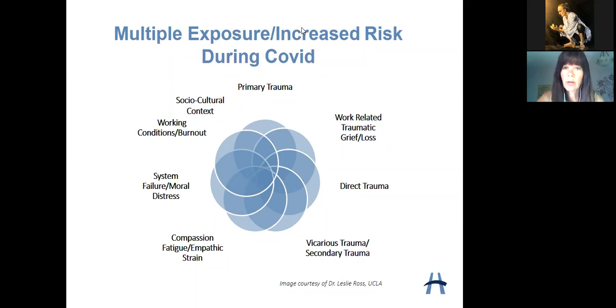So this may be trauma that we are coming in with that we have already experienced in our histories. We all have histories as human beings. We're not immune to having experienced trauma in childhood or in our personal lives as we go through divorces or loss of loved ones or so on. And we bring that into our work.